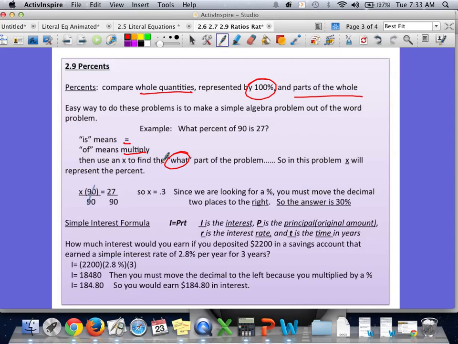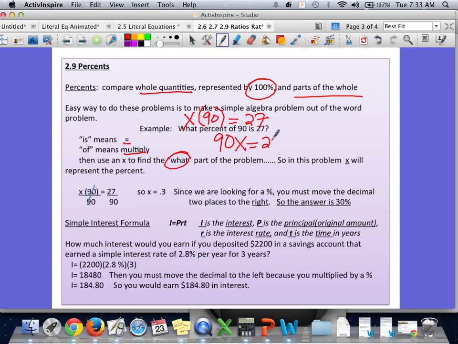Wherever you see a what, you'll make a variable. All right, so this particular example says what percent, we don't know what is, give the variable, of means multiply, 90, is means equals, and then 27. And now you have a very simple algebra problem.